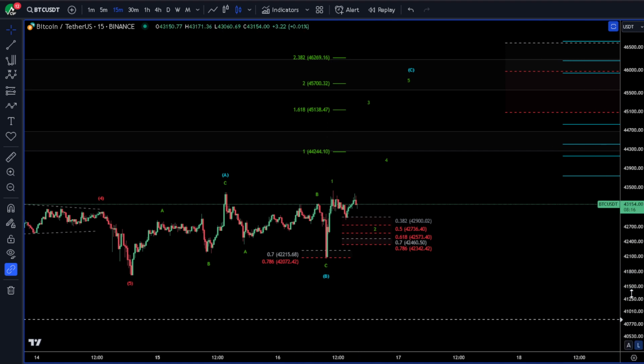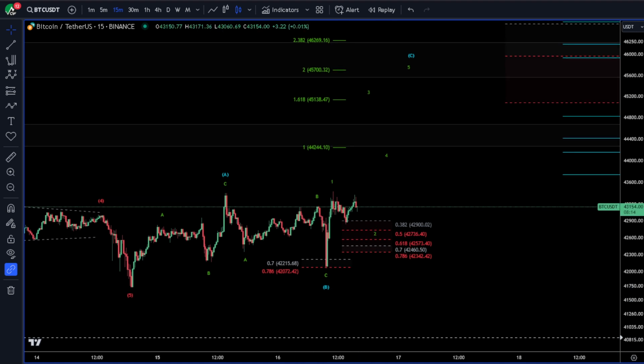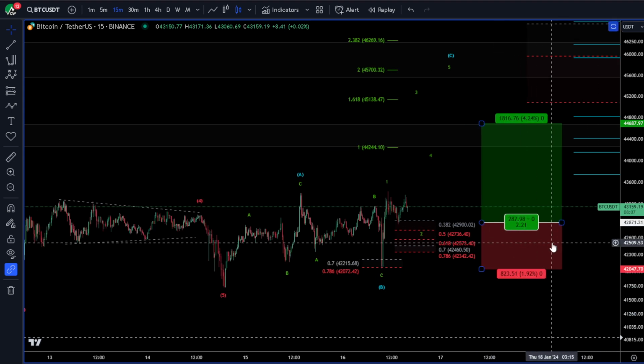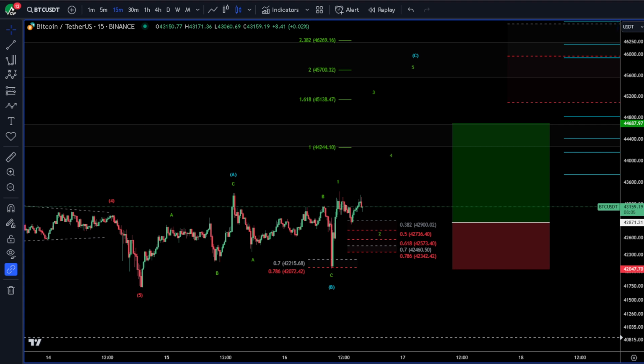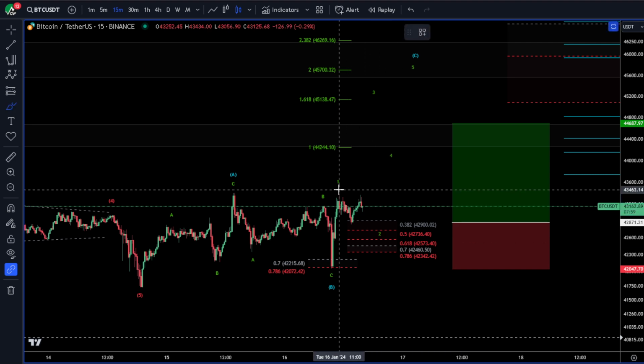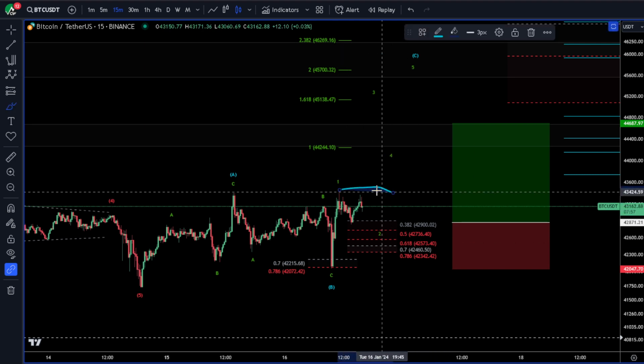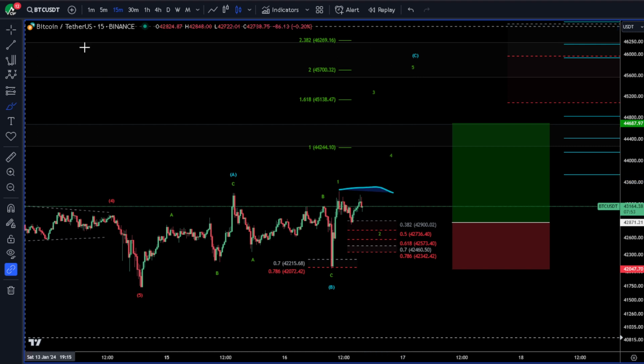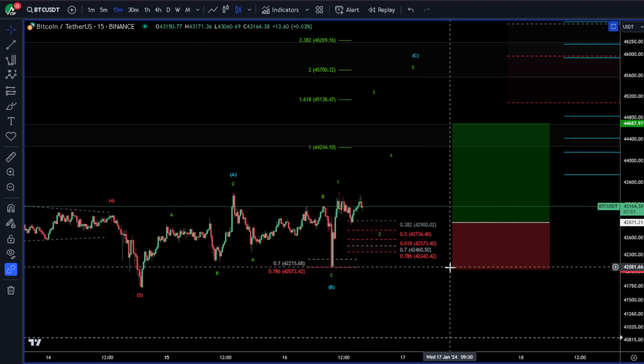So the question I had for myself here is, how do I play this to make sure I get a good risk reward? And the only option I see at the moment is to play a breakout trade, which means if we break out above this high with some volume, then I can buy the breakout.